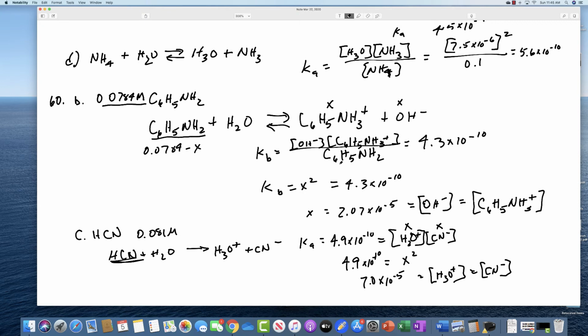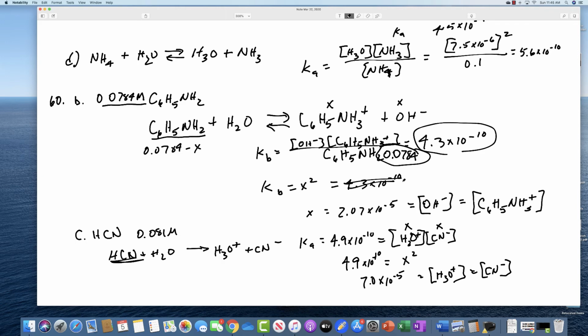Actually, I made a mistake in both of these. What you put in here is the value for this number. And so this is not correct. I'm sorry that I made this mistake. I hope it doesn't mess you up. So before you take the square root, you have to first multiply this number here by this number here.